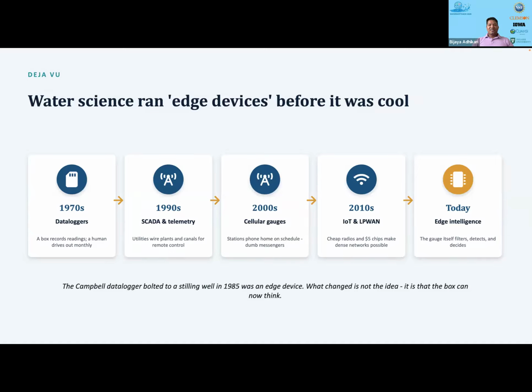What's really new is the computing capability of edge devices. A $5 chip today can carry more compute power than a workstation computer from the 1990s. The radios are very cheap compared to the 1970s. And then machine learning, especially this paradigm of TinyML.